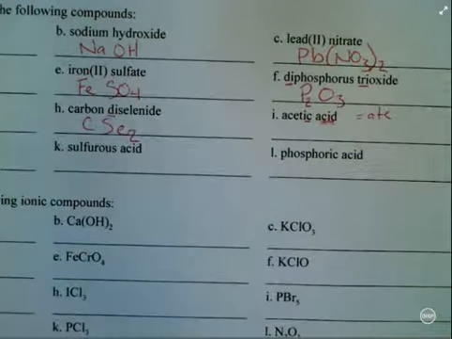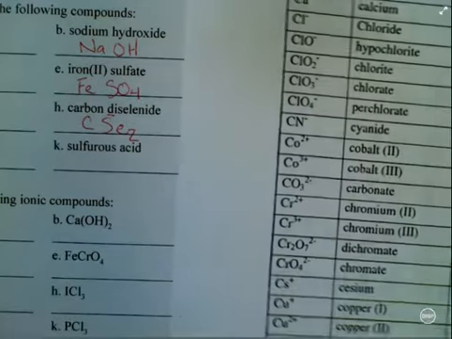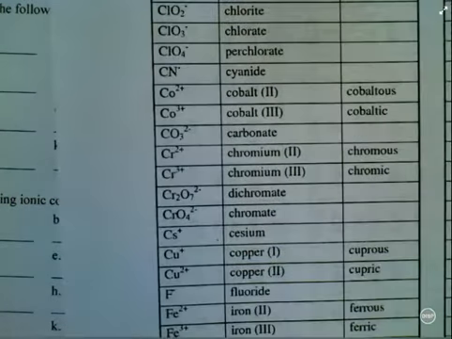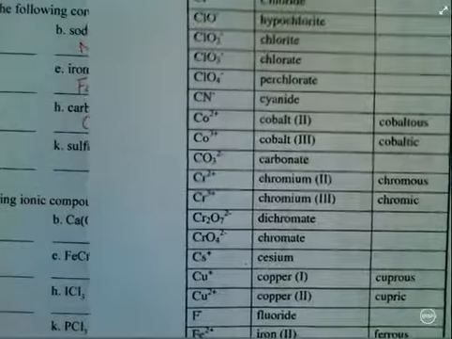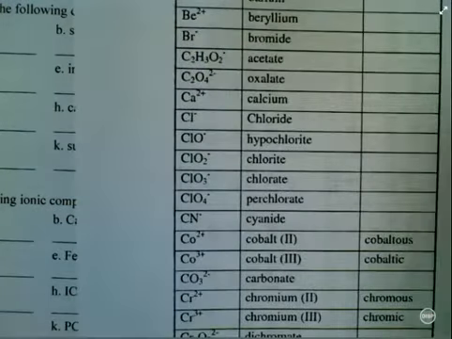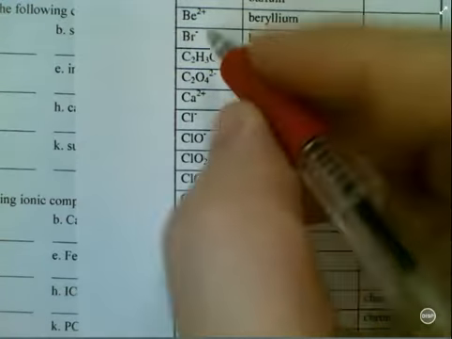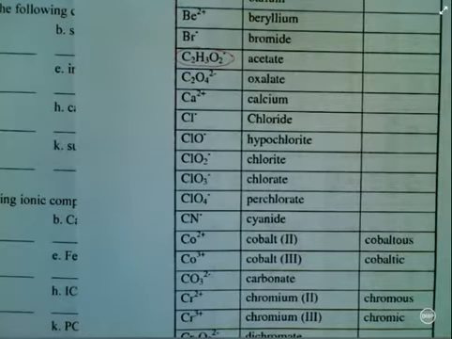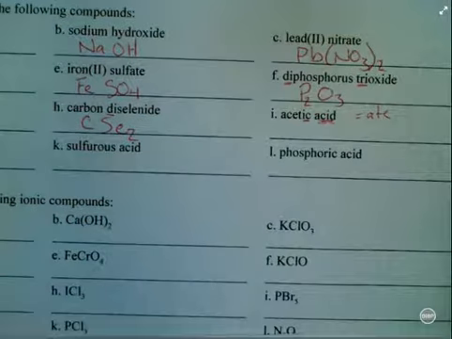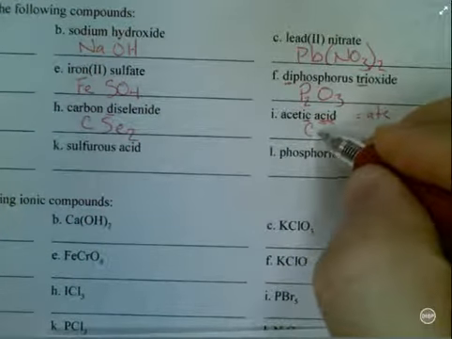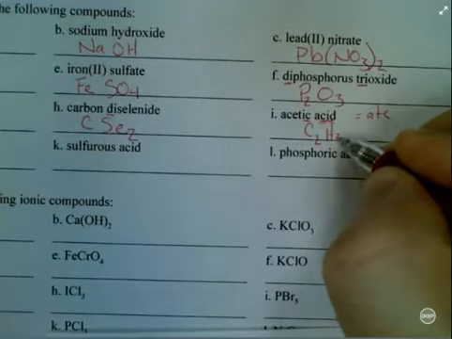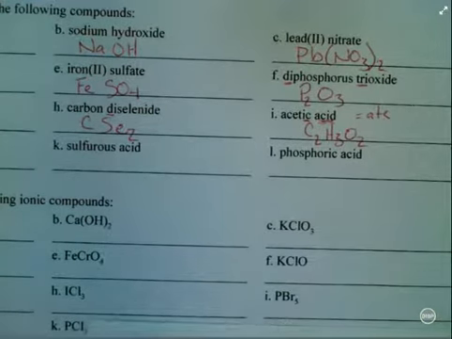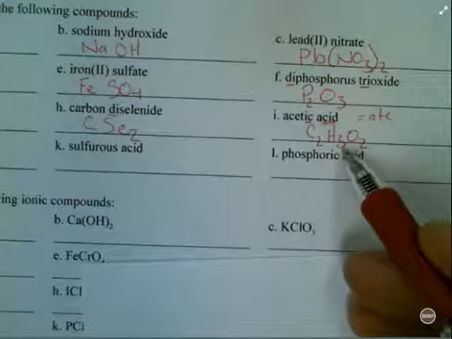So we're going to look on our polyatomic ion sheet for acetate. Boom. There it is. Now, I'm going to take this polyatomic ion, C2H3O2, because that's the acetate ion.